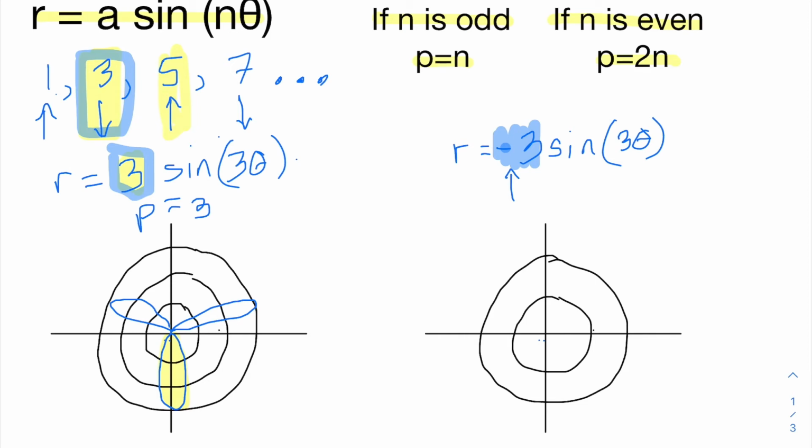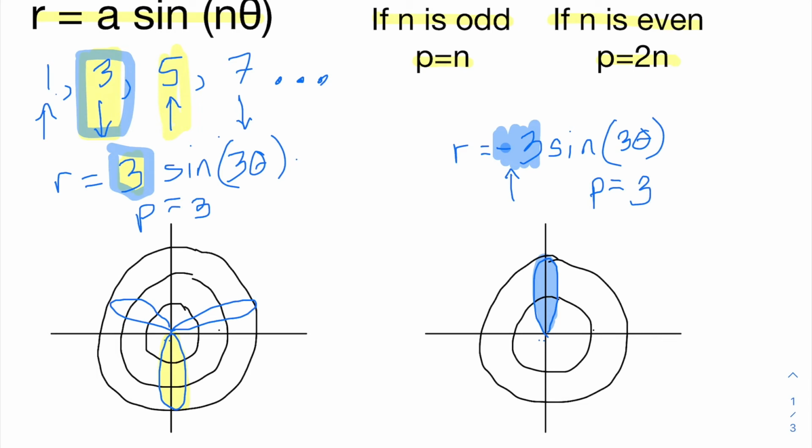Like I said, as long as you can get that first petal's orientation correct, then drawing out the rest of it is going to be a breeze. So here we have an upward orientation for that first petal based on the fact that we had the -3. I'm highlighting that in a different color just so we can see the change from when we had the positive versus the negative value for a. And the number of petals is the same. Since it's odd, the petals would be equal to n, which is 3.